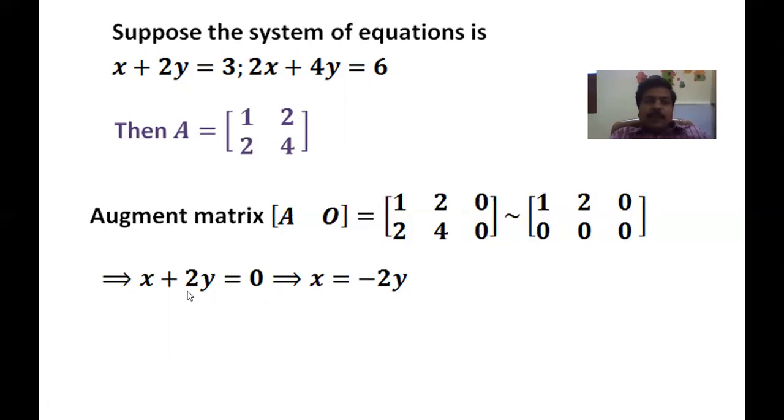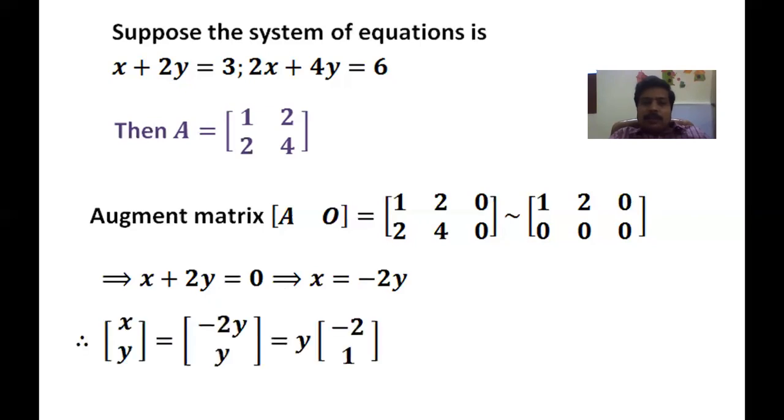Here x plus 2y is equal to 0, that implies x is equal to minus 2y. So now the vector (x, y) is equal to, x can be replaced with minus 2y and y is y. So this is y times (minus 2, 1).